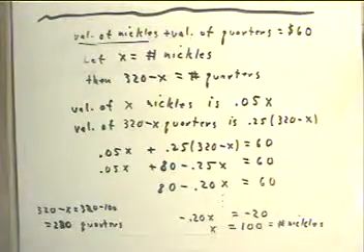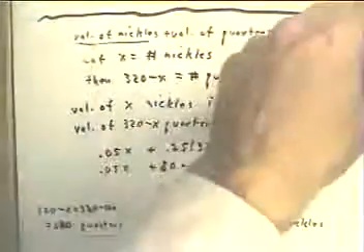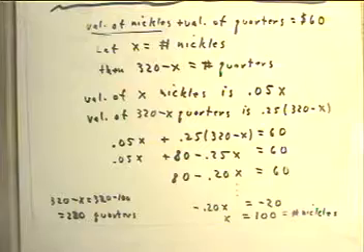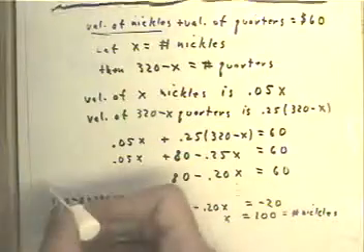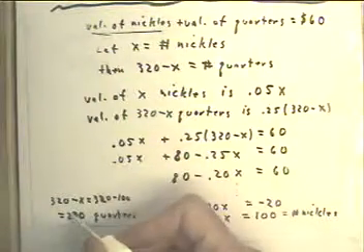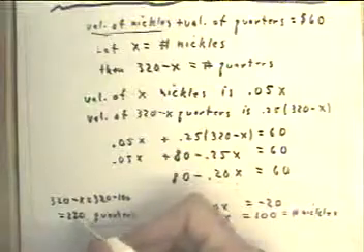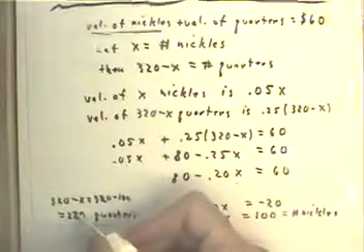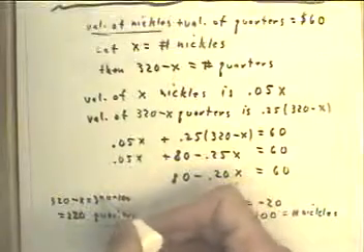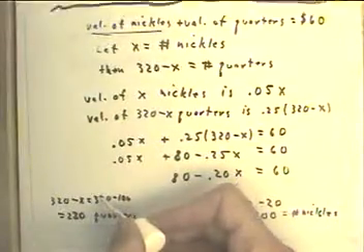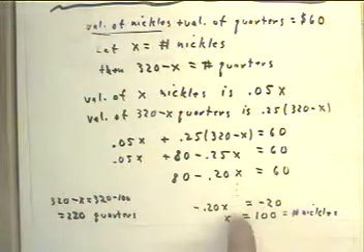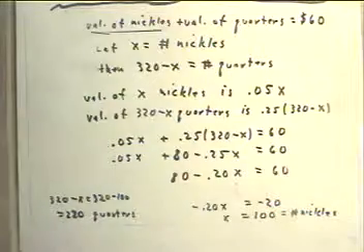I had to overwrite something I tried to write wrong. It was kind of illegible. Let me see if I can fix that. That's a little tricky, and everything's this small. Okay, that looks a little better. In any case, we see that we have 100 nickels and 220 quarters.